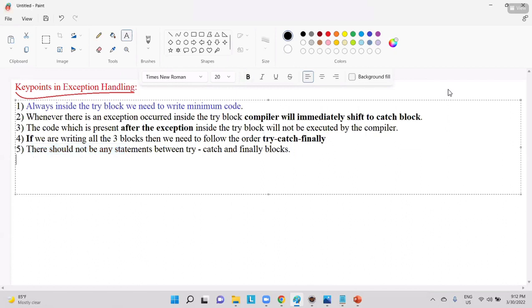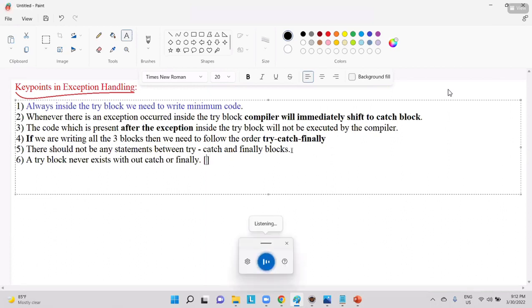Okay. Now, point number 6. A try block never exists without catch or finally.